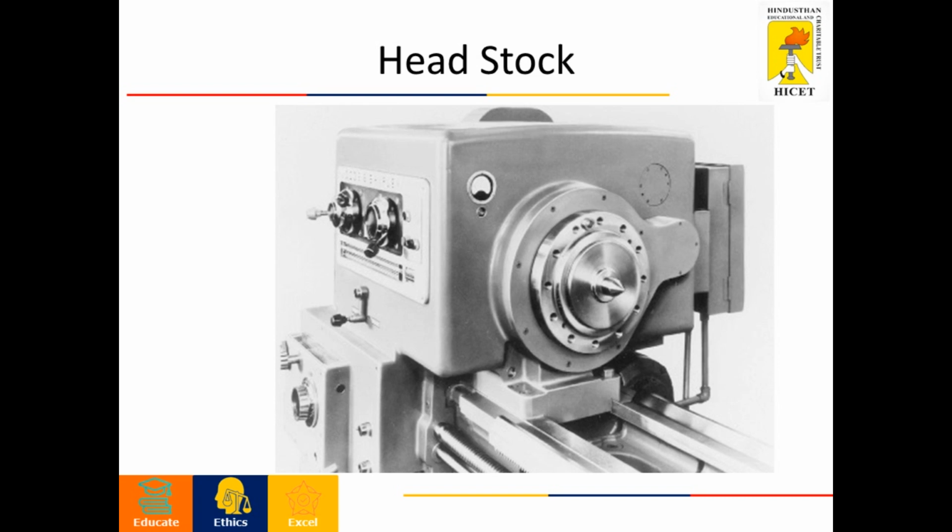In the headstock, different levers are used for operating or rotating the headstock. The power comes from the motor via a belt transmission system. Normally a single V or double V belt can be used to rotate the headstock.